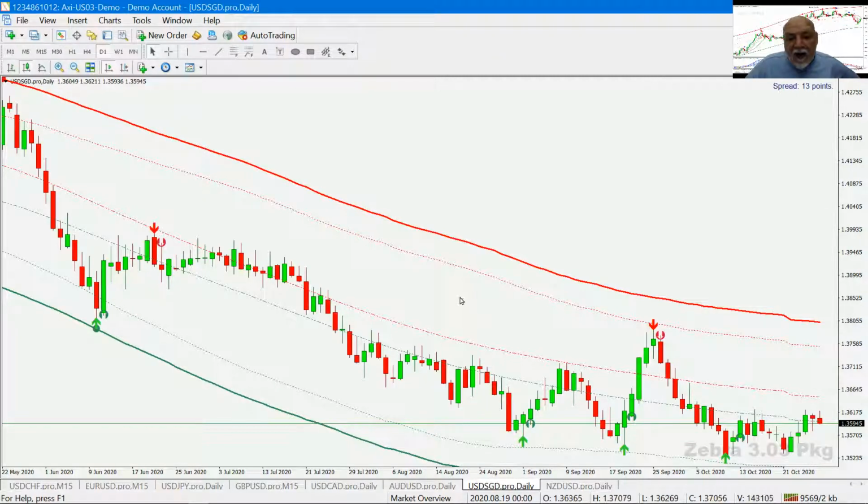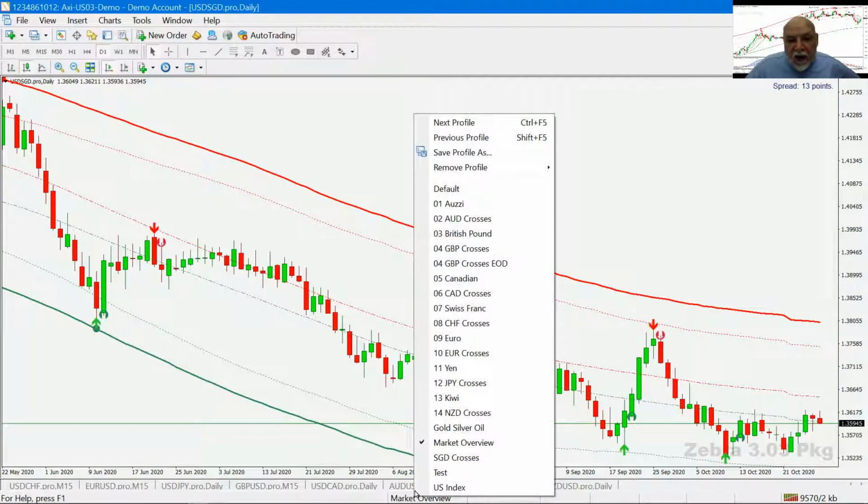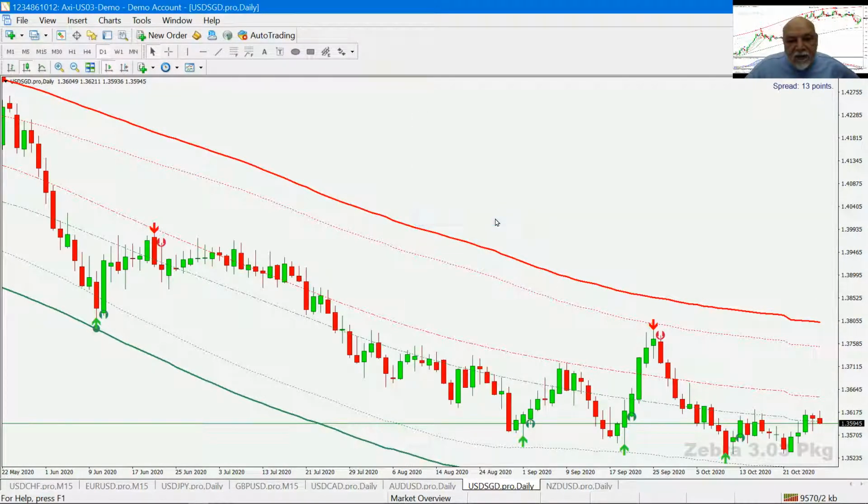Now the other thing is that we only looked at the majors. Let's go ahead and look here. You can see that here I also have the crosses. So let's just quickly jump to the Aussie crosses. And now this will be a 6 chart setup.